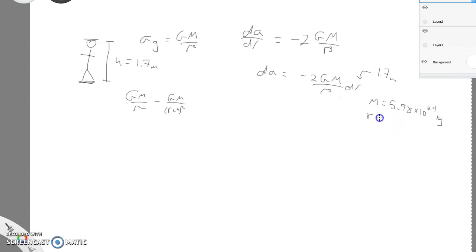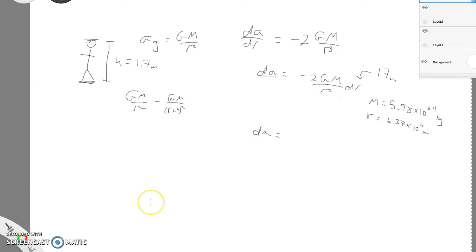The radius of the Earth at the Earth's surface is about 6.37 times 10 to the 6th meters. The question I have is, what difference in acceleration does this person experience between their feet and their head? So go ahead and do that calculation real quick.